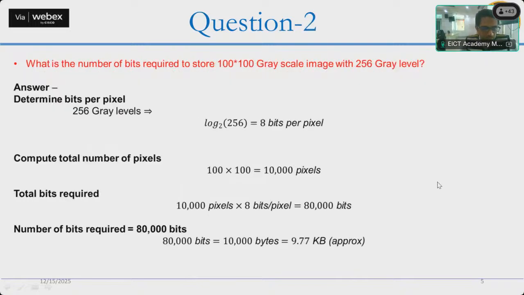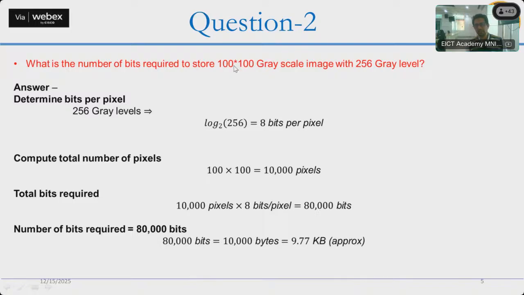Now another question: what is the number of bits? See, where does the bit play a role? When we transmit data over a communication channel, the data is transferred in the form of bits. What we are asking here is: what is the number of bits required to store a 100 by 100 grayscale image?